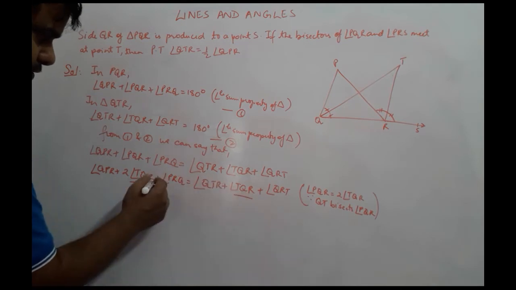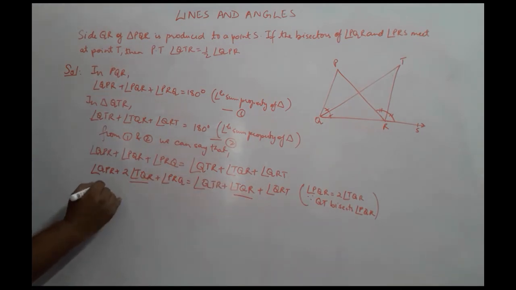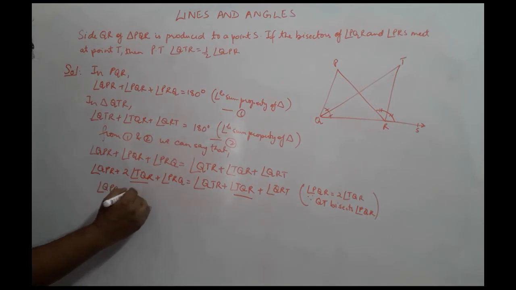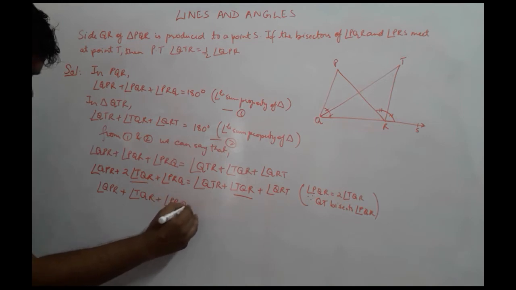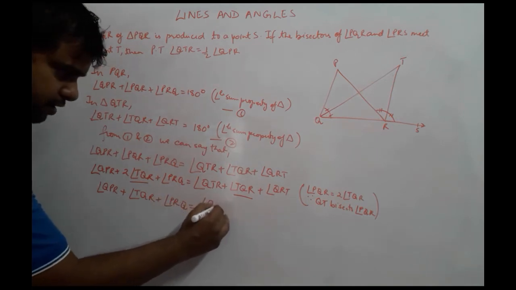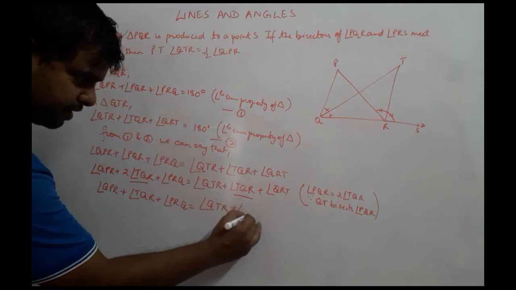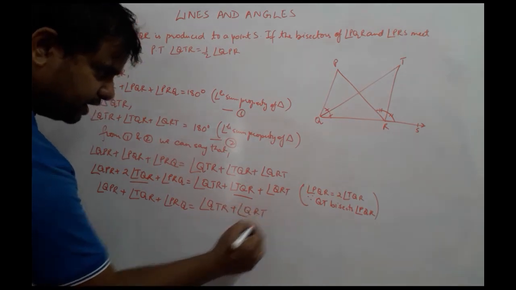Now if we bring TQR this side, it becomes negative. We bring this over here and then we are left with QPR plus angle TQR plus angle PRQ equal to angle QTR and angle QRT on this end.